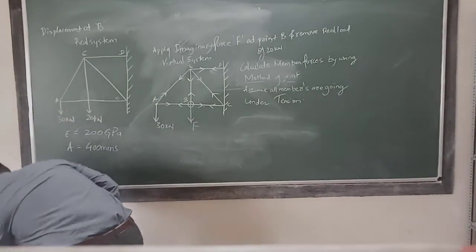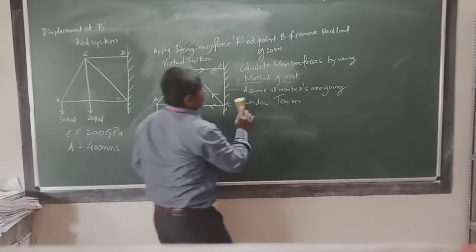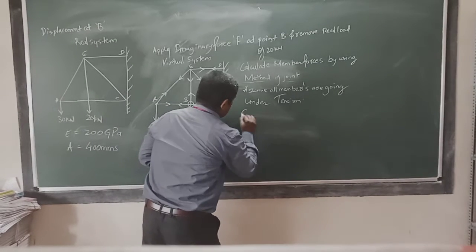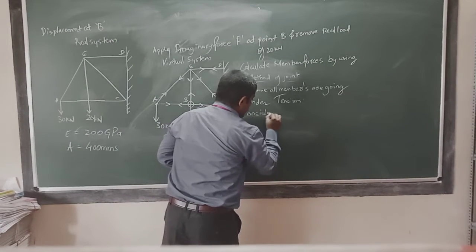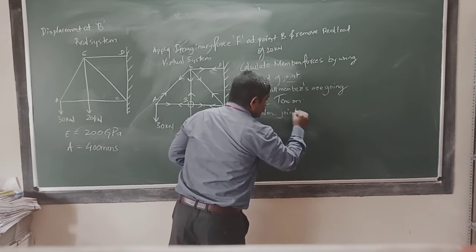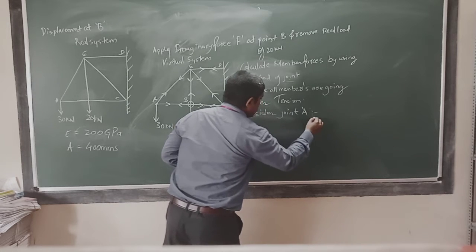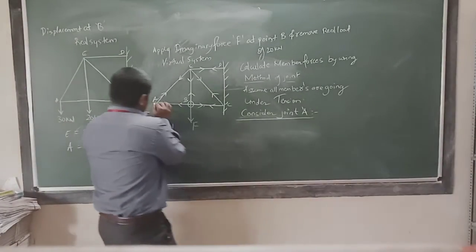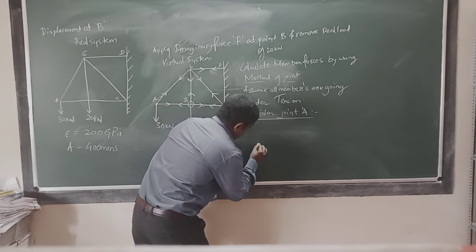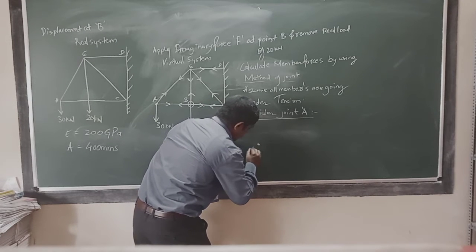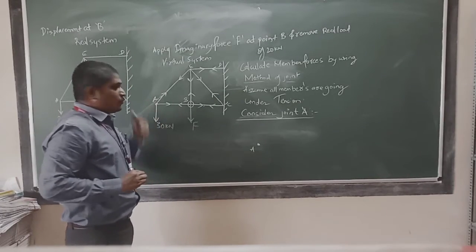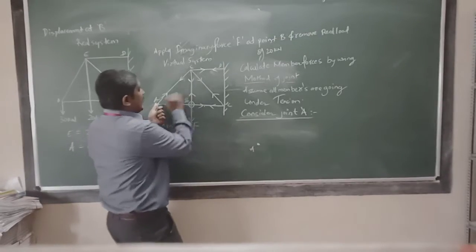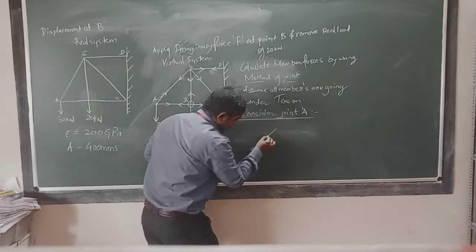The next step: let me consider joint A. Put a dot here, say this is point A. See which members are connected to joint A. Member AE is connected, so put a line here.